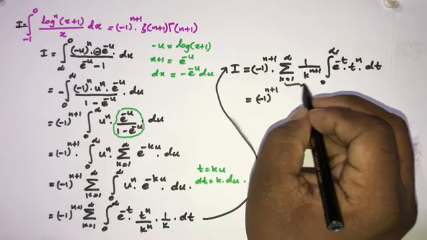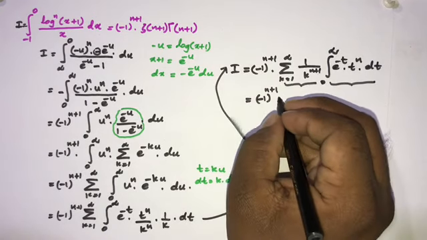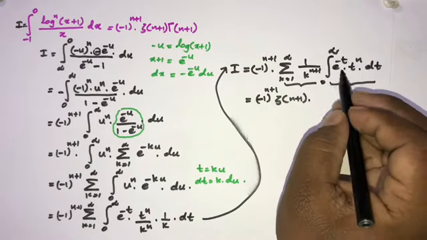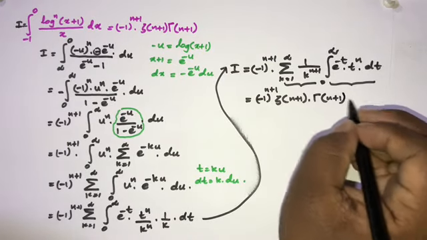Now this is familiar to us, because we know this is equal to zeta of (n+1), and this is equal to gamma of (n+1).